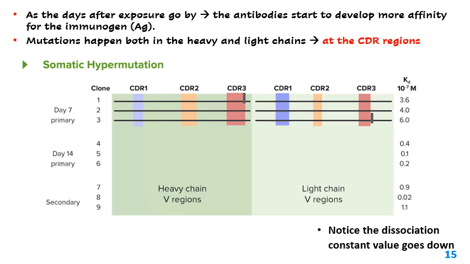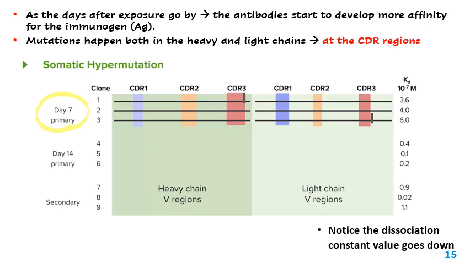So now, after some days of exposure to your antigen, how many days? This first thing here is happening 7 days or a week after you have seen the antigen, after you have a signal from the T cell that you have to do something else with your antibodies, right?